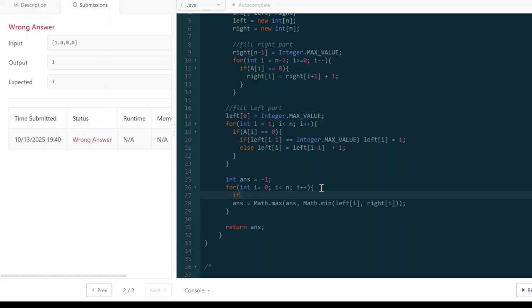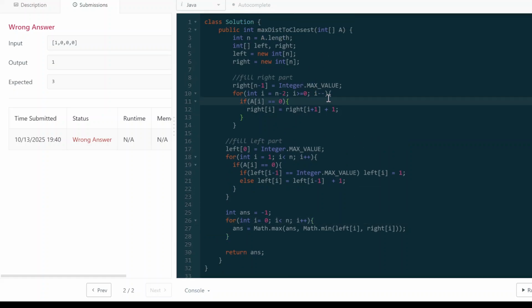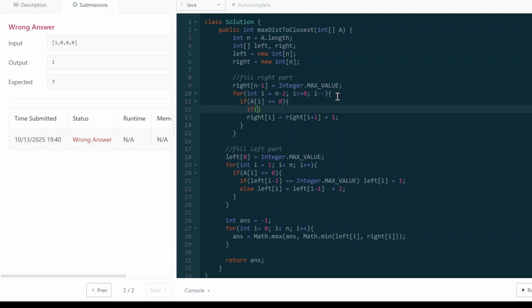And here also, not here. Here, if right of i plus 1 equals Integer.MAX_VALUE, then right of i equals 1, otherwise right of i plus 1 plus 1. So for this case, if I'm at 0, then for the right of i it will be Integer.MAX_VALUE here, right?